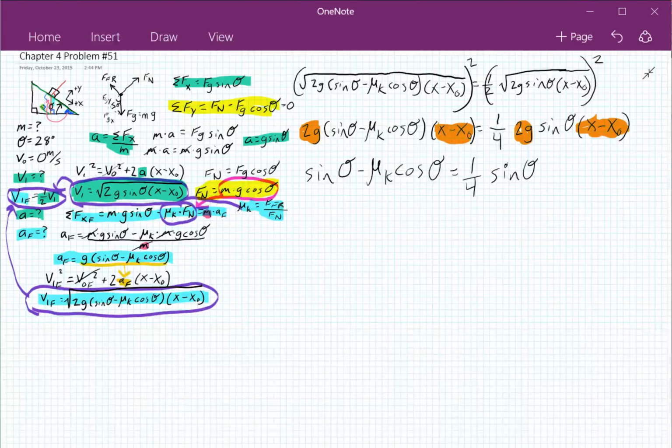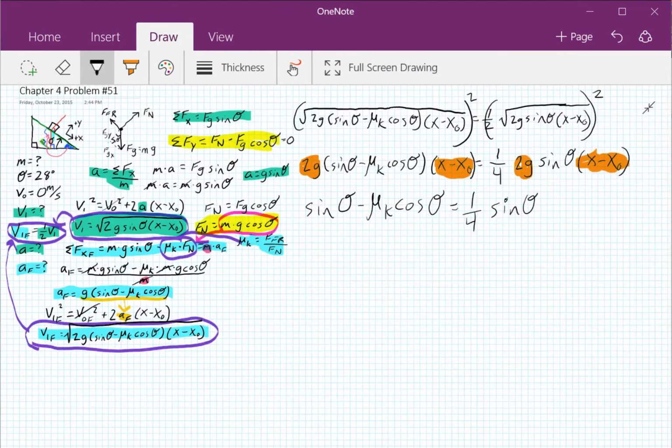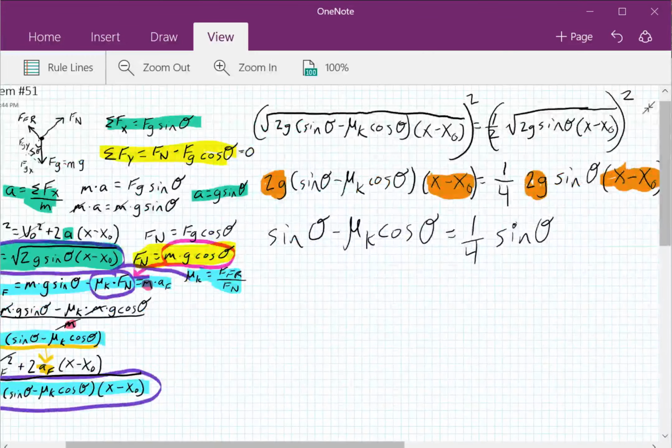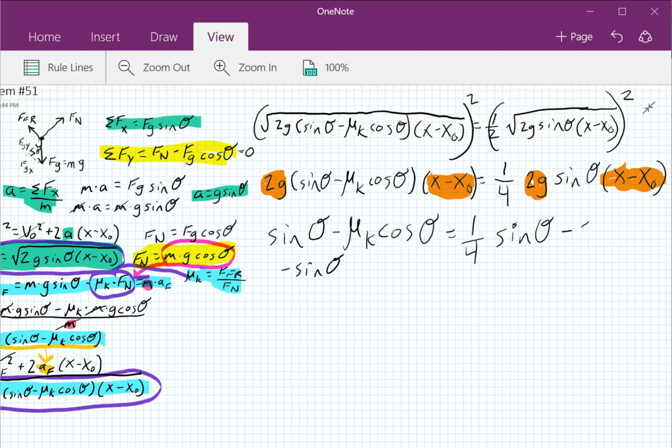So now I'm just going to subtract. I'm going to zoom in. I'm going to subtract the sine of theta from the left over to the right. So you're going to have the negative coefficient of kinetic friction times the cosine of theta equals, again, you're doing 1/4 the sine of theta minus 1 sine of theta, so that's 4/4. So you can say a negative 3/4 sine of theta.